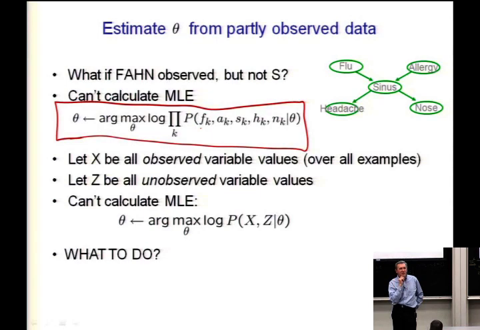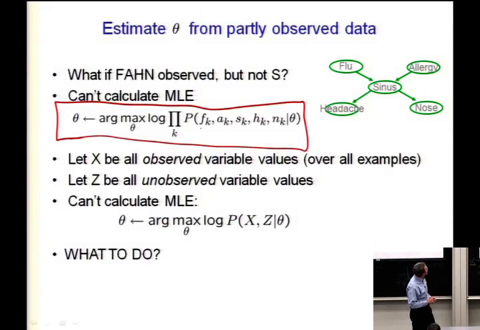So for example, let's say sinus I never get to observe, but the other variables I always get to observe. That's a little less general than different things being missing on different examples. The ideas and the approach we're going to derive generalize to the full case, but it's easier to speak about and think about that slightly more special case.